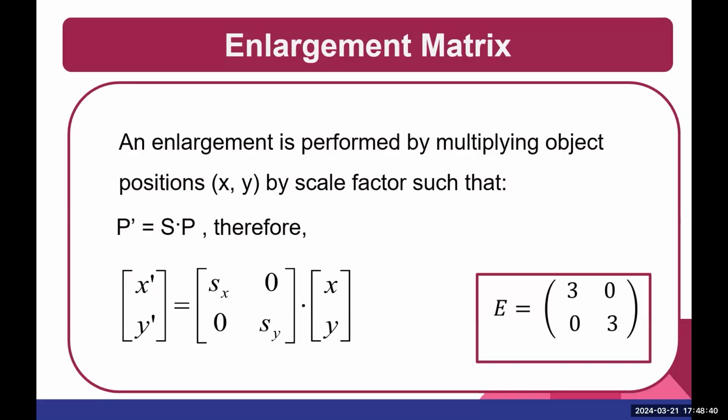An enlargement is performed by multiplying the object positions, x, y, by the scale factor, such that P prime is equal to s times P. Let's put some numbers to this. An example would be the scale factor being 3. This is the image and this is the object.